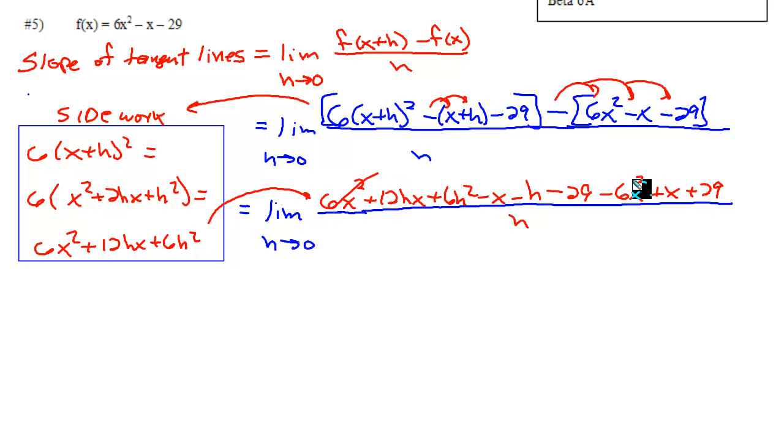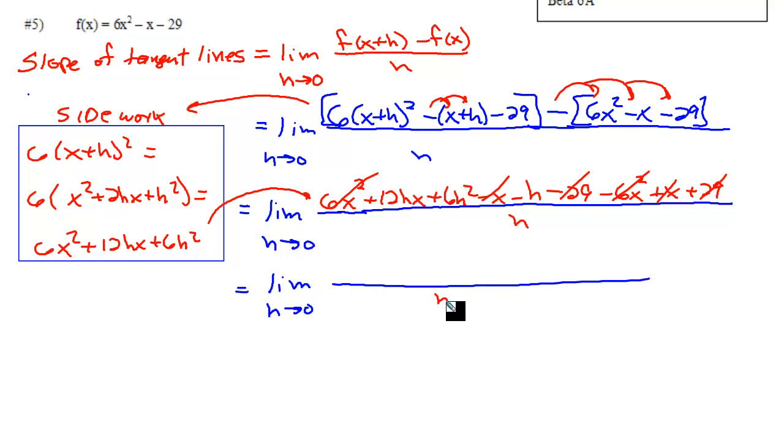Like terms: 6x squared minus 6x squared, minus 29 plus 29, minus x plus x. So we have the limit as h approaches 0, h in the denominator. We got 12hx plus 6h squared minus h in our numerator.